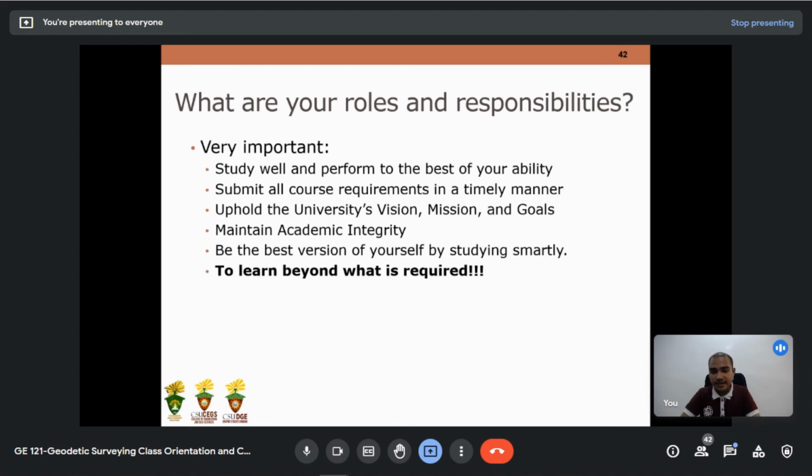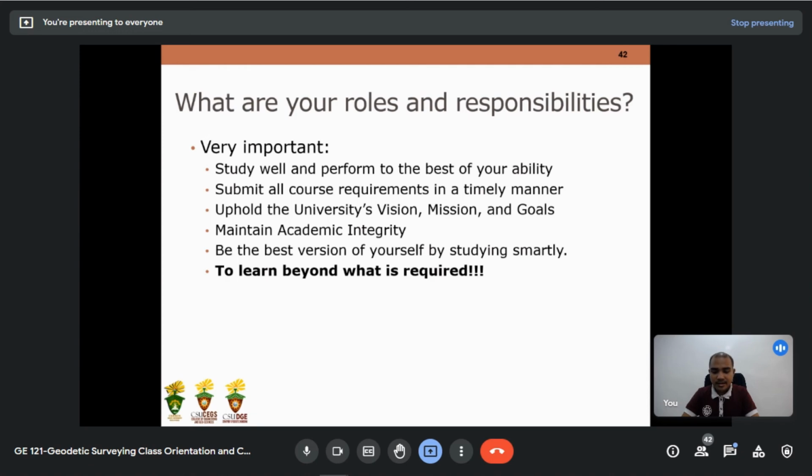Next is to learn beyond what is required. As I said earlier, all the lessons and all the learnings cannot be acquired in a 2-hour lecture or 6 hours of laboratory exercises.